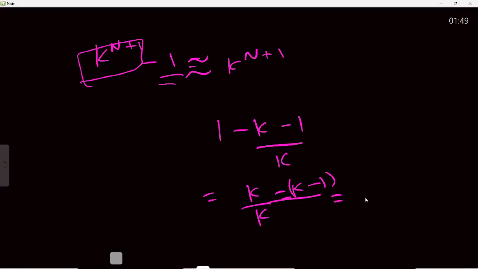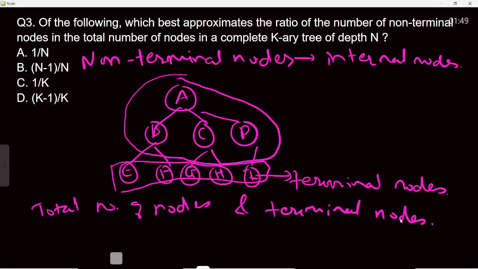So this will become k minus k plus 1 upon k. So this k and k got cancelled. So what will be the answer? 1 upon k. Let's see the options. So C is our correct answer. I will write it.